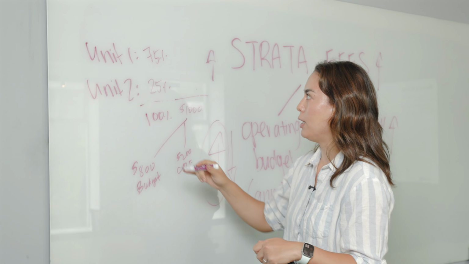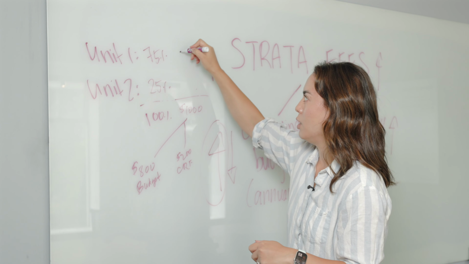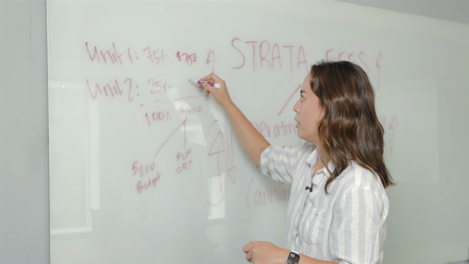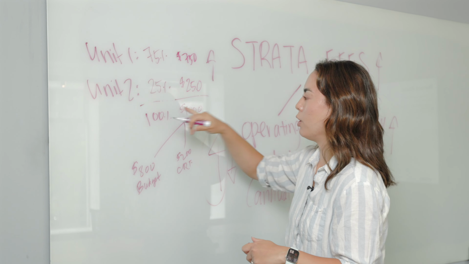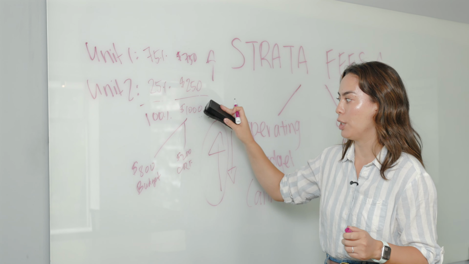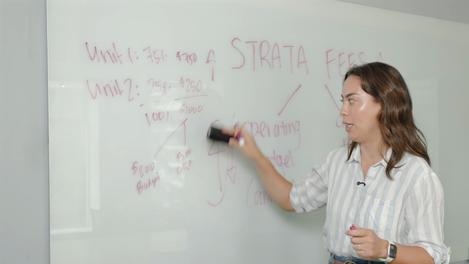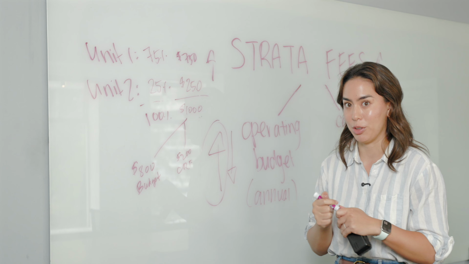Okay, so now that means that unit 1 has to pay 75% of that $1,000, so $750, right? And this one pays $250 because they're 25%, right? And then that same $1,000, it could be the same budget. $800 goes to the operating budget and $200 goes to the contingency reserve fund.